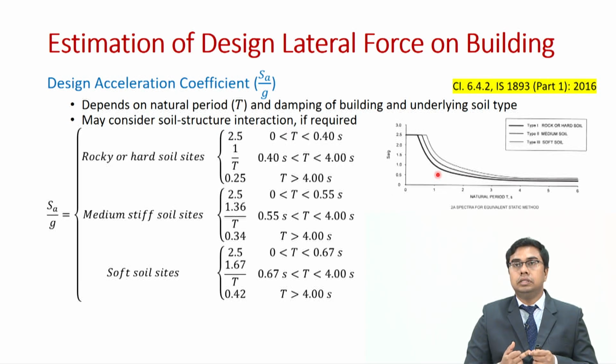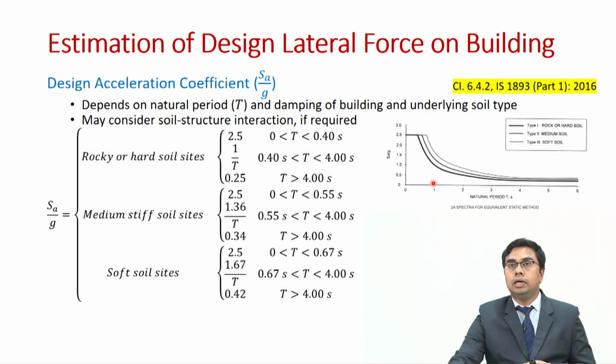We have these three factors that affect SA by G. The value of SA by G is given by these expressions which have been obtained from the relevant clause of IS 1893 part 1 2016. The same is given over here in form of plot. This is also obtained from IS 1893 part 1. So, you can have a look in the code as well.